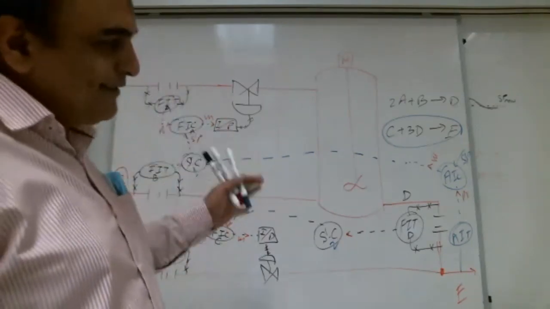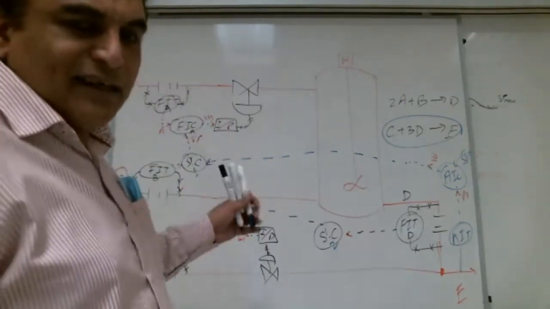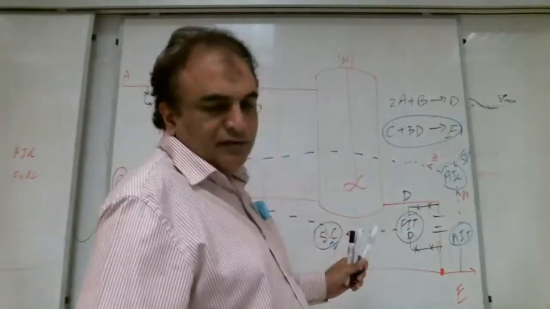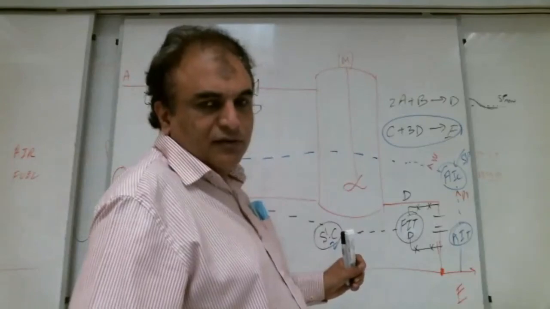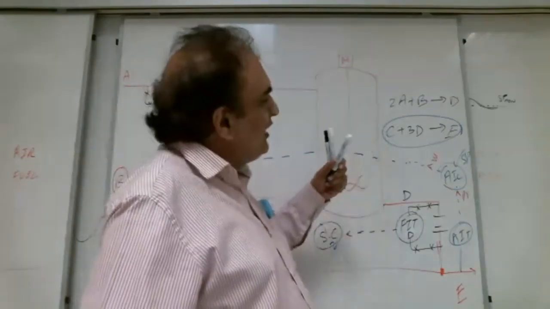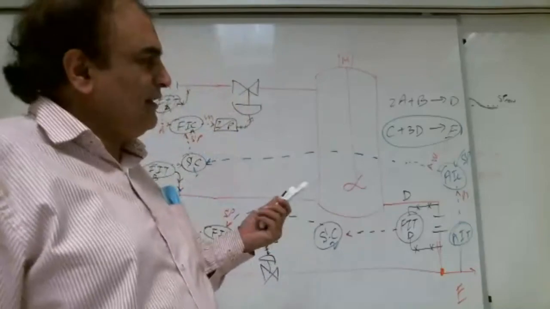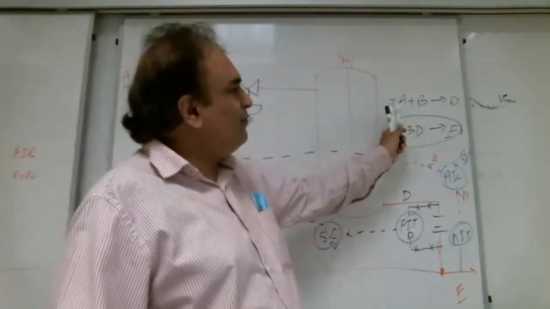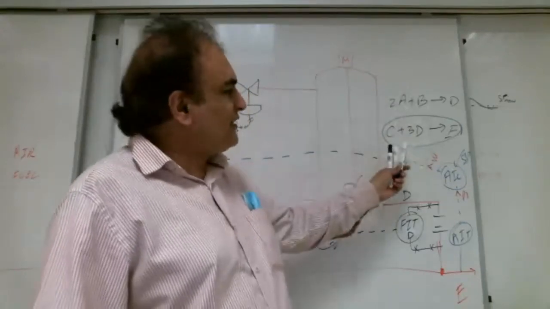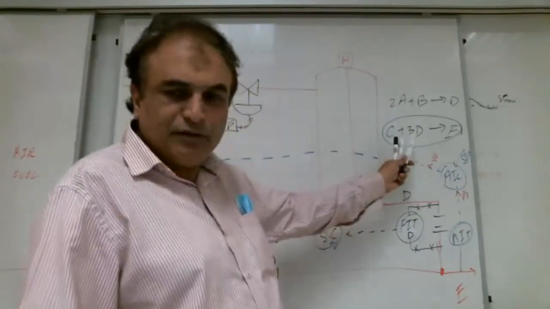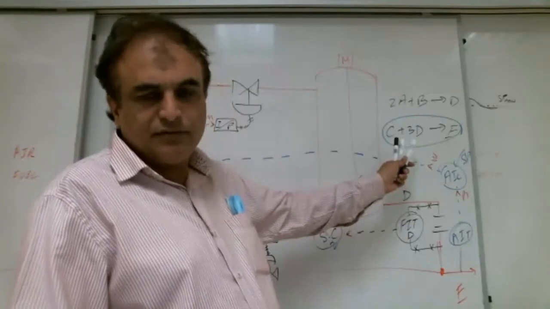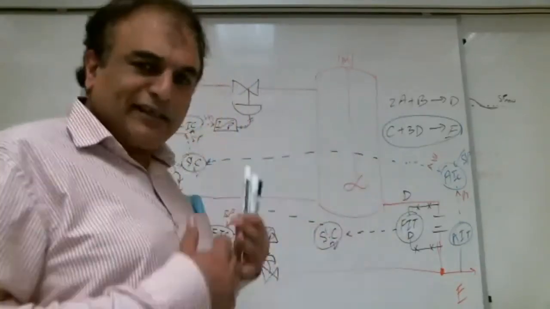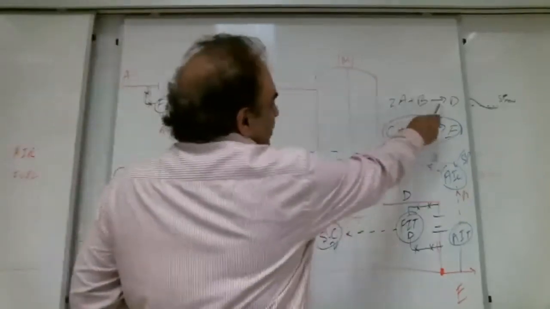See, right now in the question, it is not given which ratio is more important. We are thinking like this: if 2A plus B is not good, is it possible C plus 3D can be good? No. So according to our understanding, this one is more important.